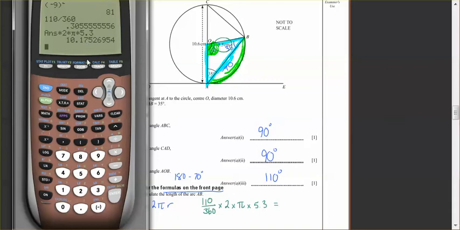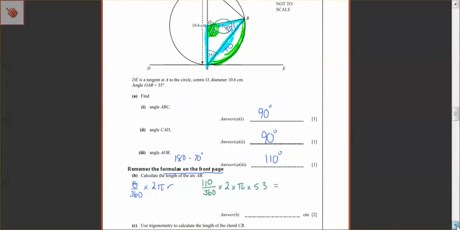That gives 10.18, or 10.2. So I would write 10.18 rounded to 10.2 in the answer. Always show a more accurate value in your working out and only then round your answer. Don't round it in your head and forget to write it, just in case you do it wrong.